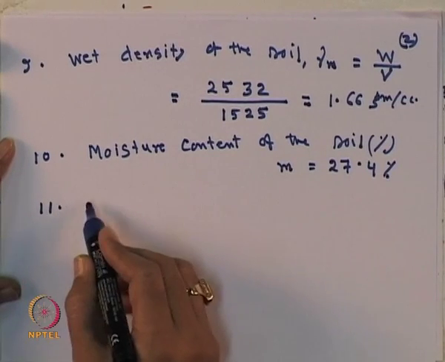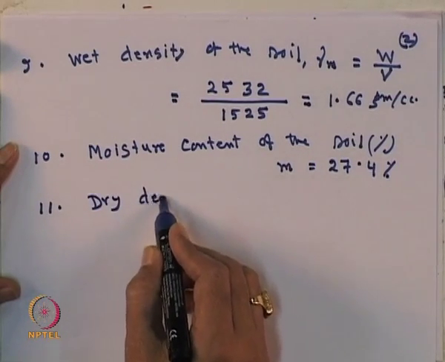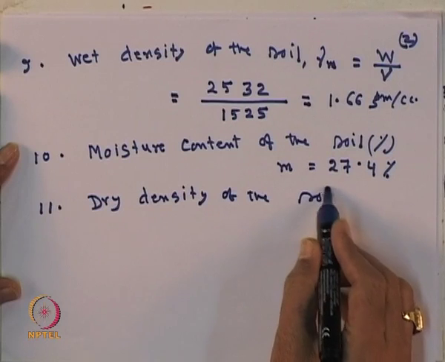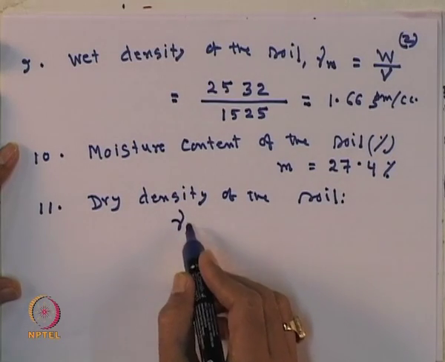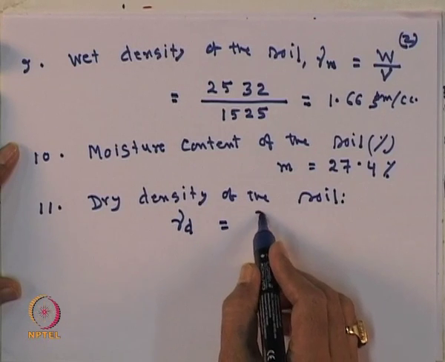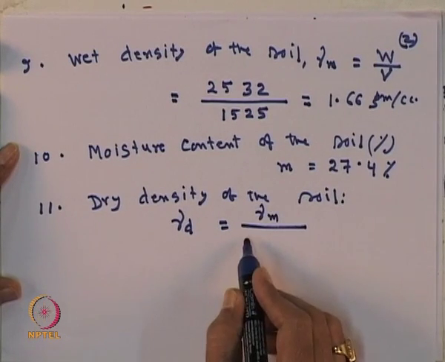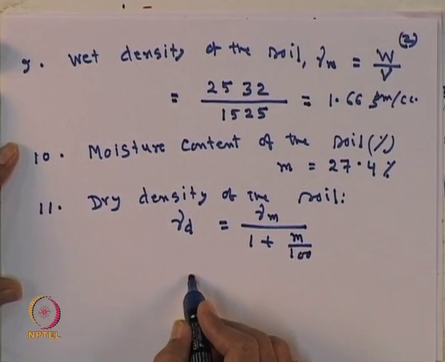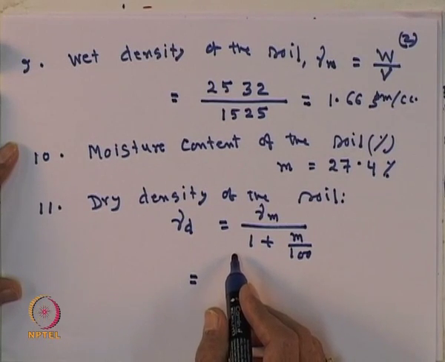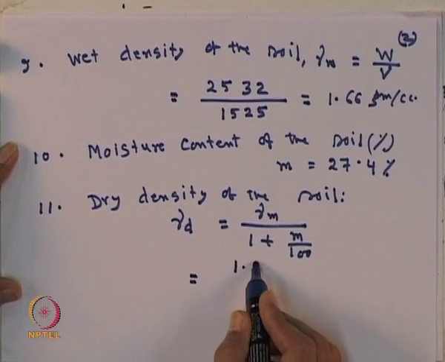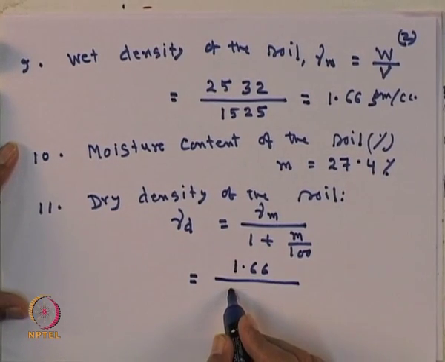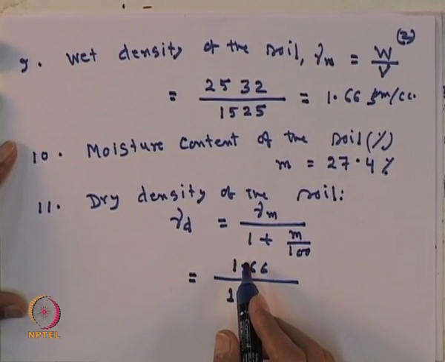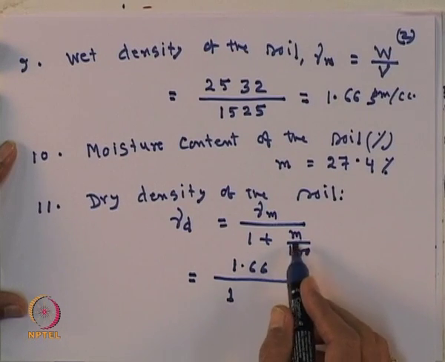Now, we can calculate the dry density of the soil, designated as gamma d. Gamma d is equal to gamma m divided by 1 plus M by 100. This is gamma m, we just calculated 1.66, divided by 1 plus M by 100.